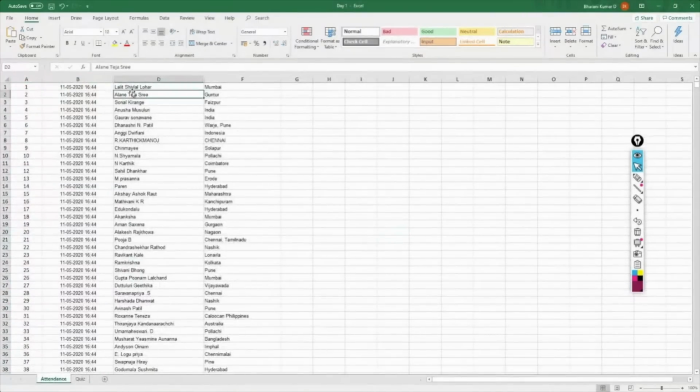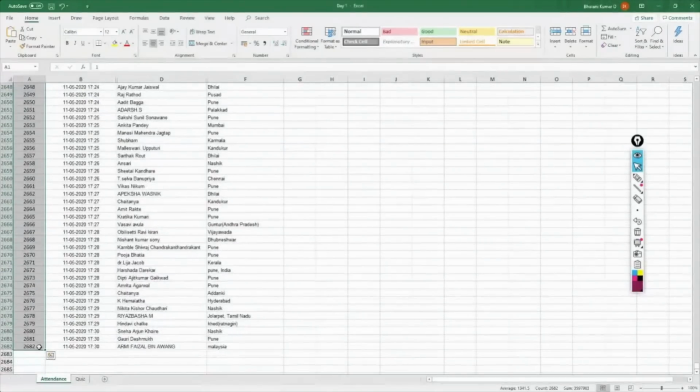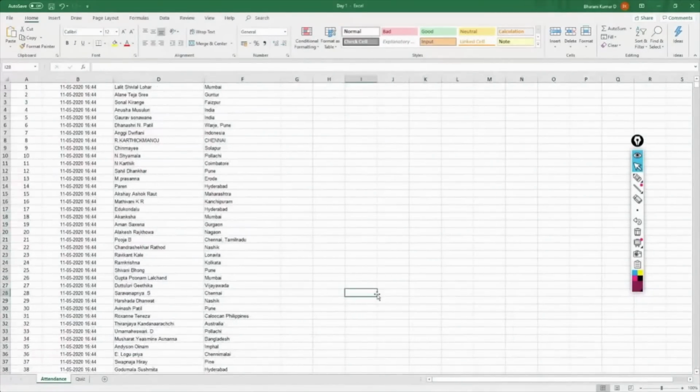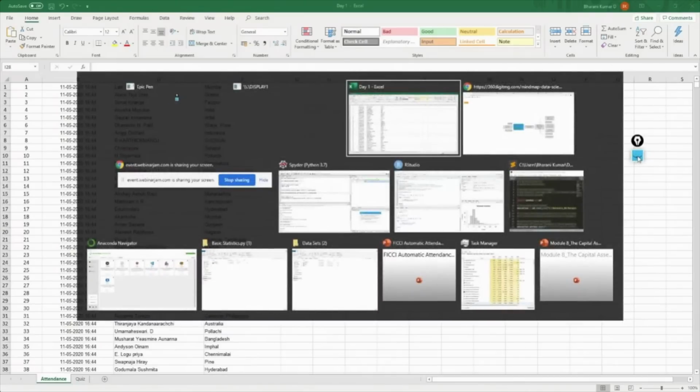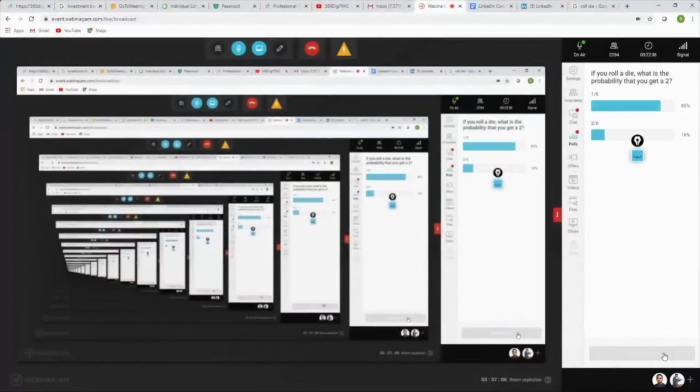So question to you all, how many people attended yesterday? 2,682, right? 2,682 people have attended. What is the probability that one of you would get this Amazon coupon? Let me pose this question once again, because I don't want any confusion here.